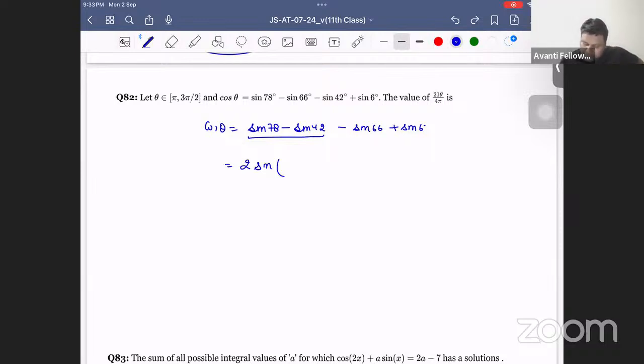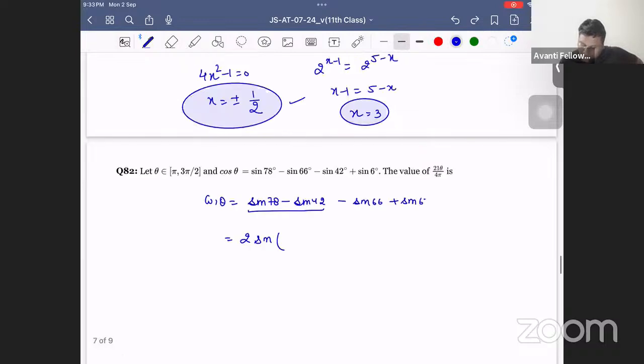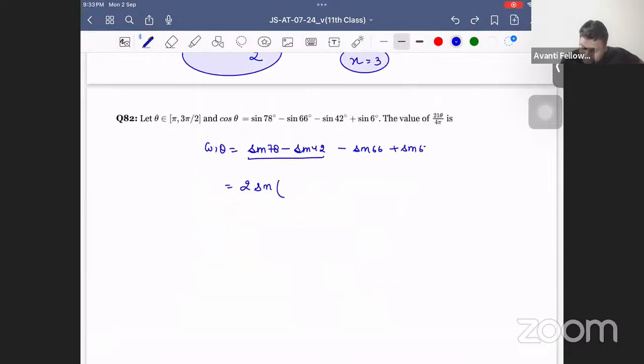So 2 sine of C minus D upon 2, that is 18 degrees, into cos of C plus D by 2, that is 60 degrees, minus again sine C minus sine D. So it is 2 sine of C minus D upon 2 into cos of C plus D upon 2, 36 degrees.